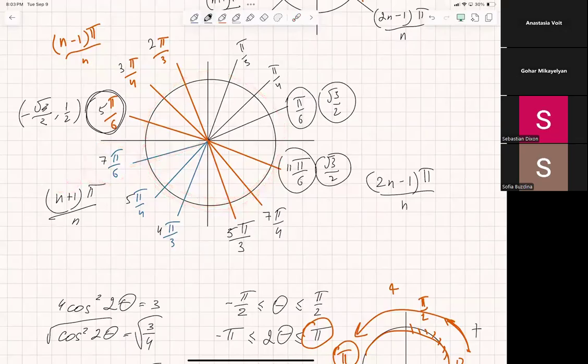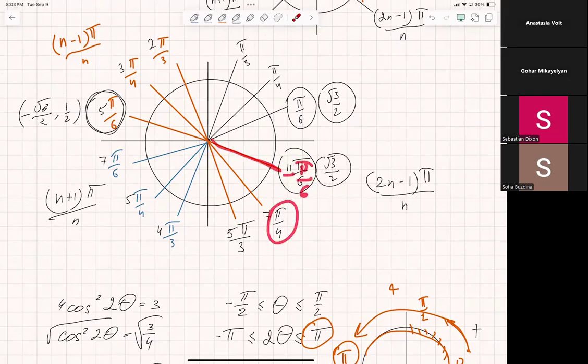So that's going to be 7 pi over 6 if we go counterclockwise. But if we go clockwise, that's going to be the same as 5 pi over 6, right? So this would be negative pi over 6.